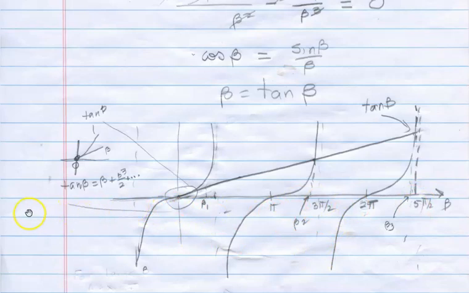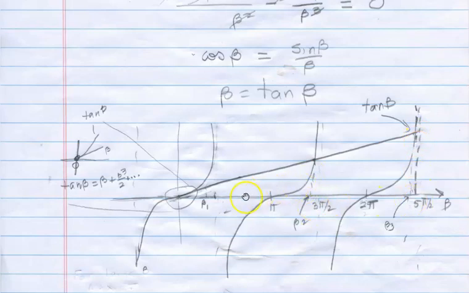I didn't draw the negative sides, but it's kind of the same. So I plot the tangent, and that's these S-shaped curves, and then I plot beta as a function of beta, which is just a straight line. And then everywhere they cross gives me a relative maximum.